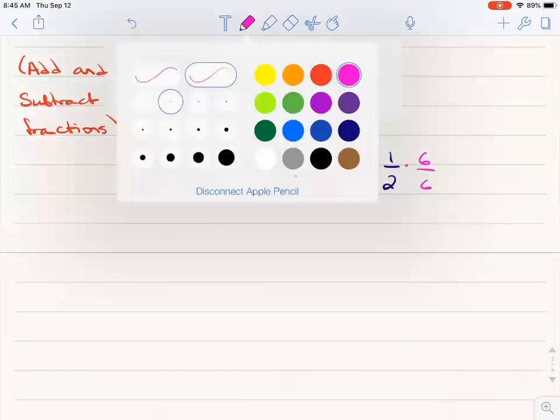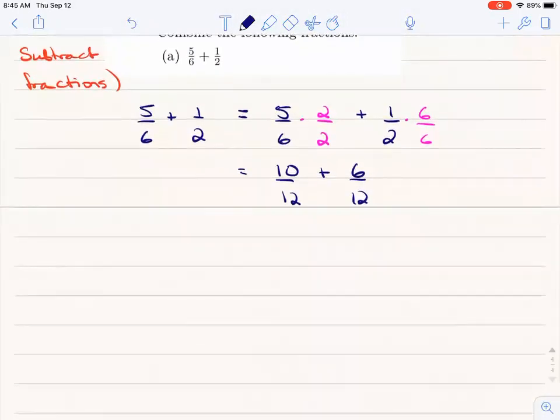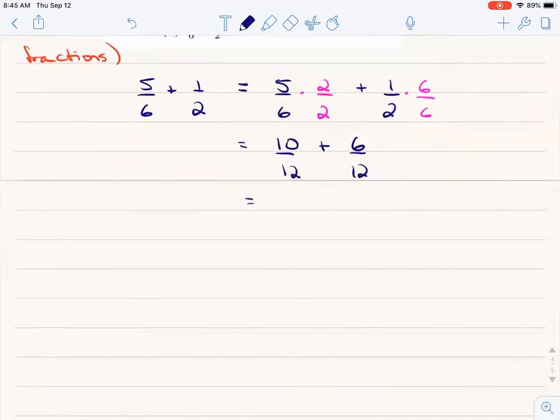And so what we get here is 10 over 12 plus 6 over 12. Now we leave the bottom as 12. They're just getting smushed together. And so we've got 10 plus 6, 16 over 12.